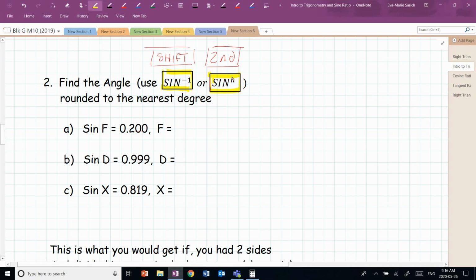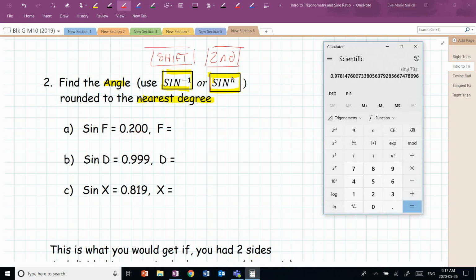And with this, when we're looking for angles, we're going to round to the nearest degree. So for ratios, we want 3 decimal places, but for degrees, we're going to look for the nearest degree. That means no decimal places. So we're going to find the sine inverse of angle F. What would that angle be if its ratio is 0.2? Okay? Again, it depends on the kind of calculator you have.